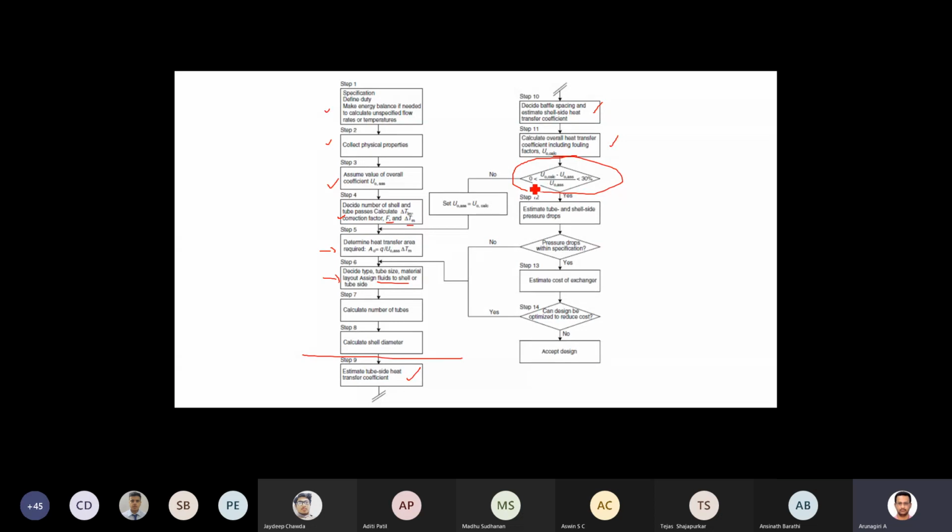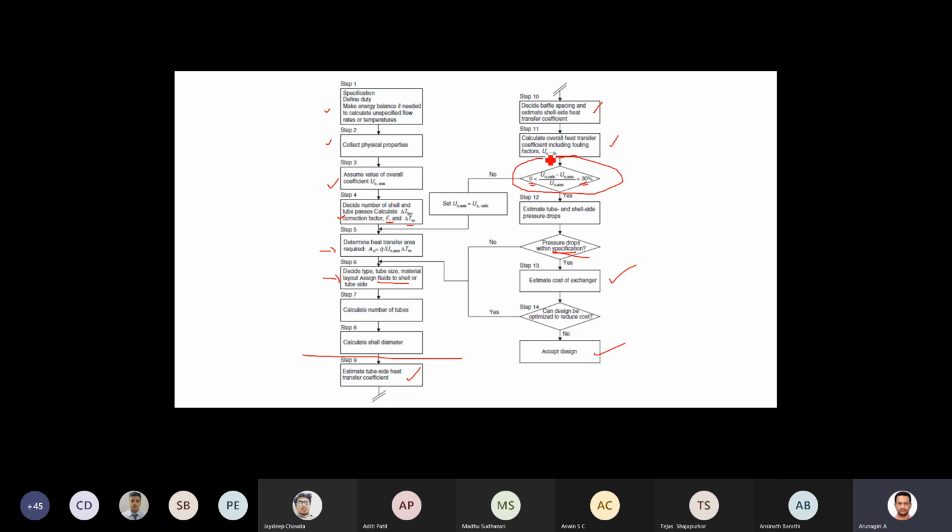This can be 0 to 30%. If it is within this limit, you can estimate the tube side and shell side pressure drop, then compare it with the desired specification. If yes, you can estimate the cost of the exchanger, and if you are satisfied, you can accept the design.